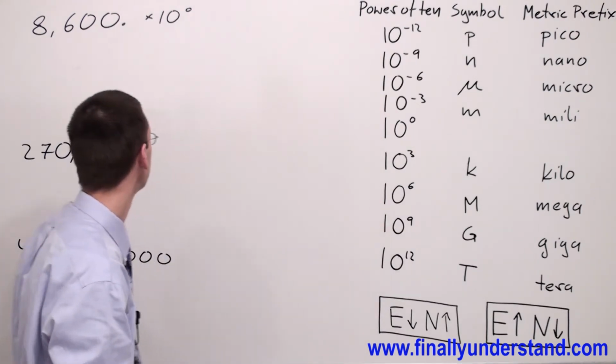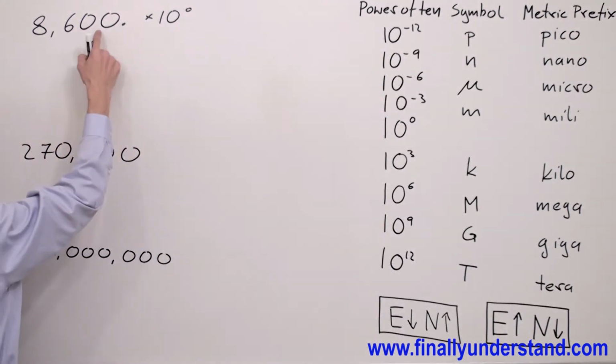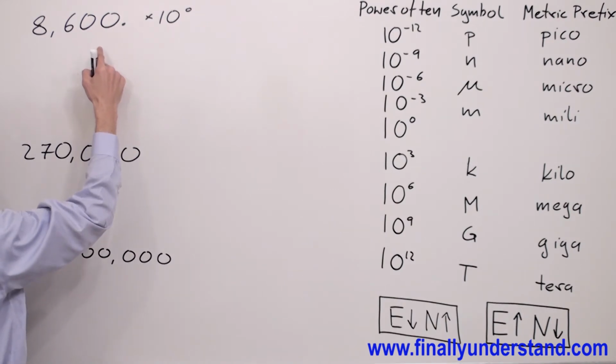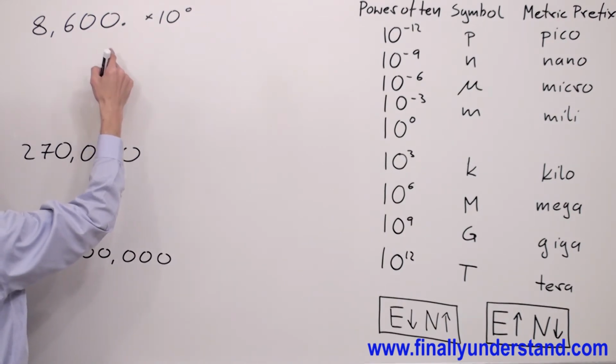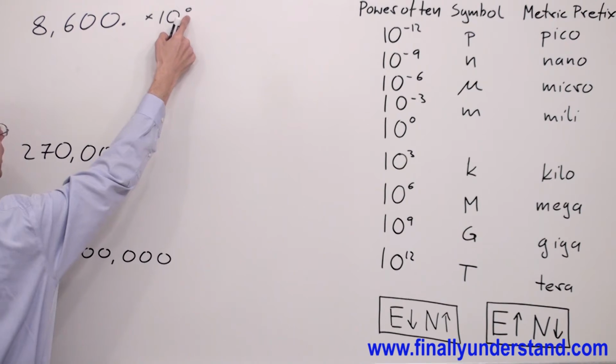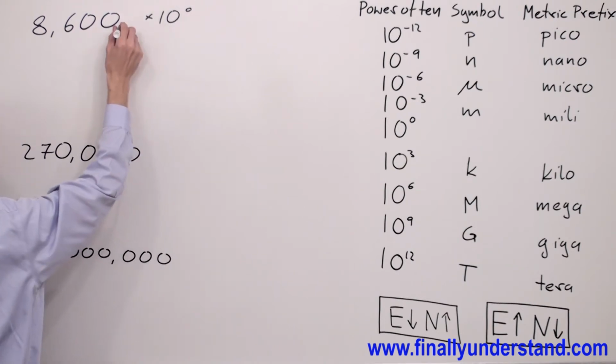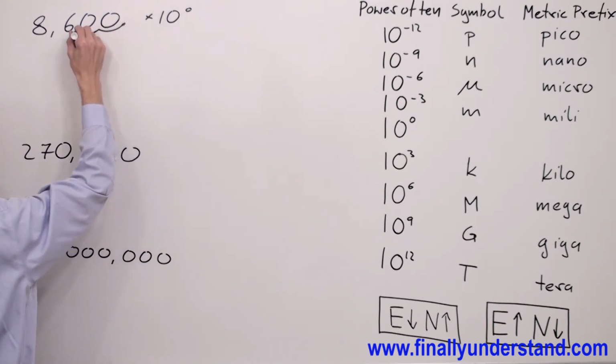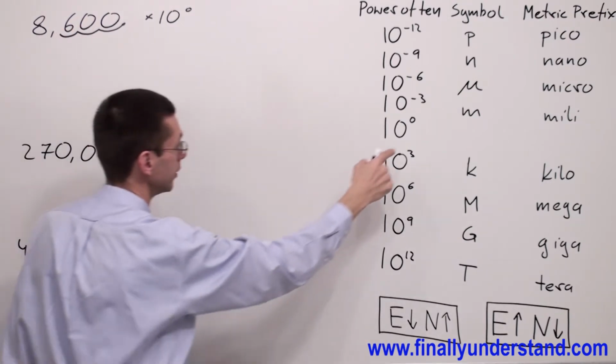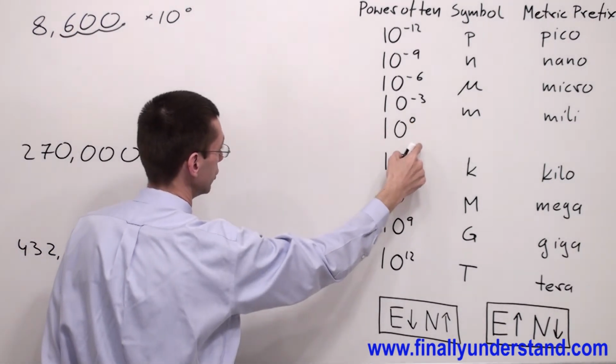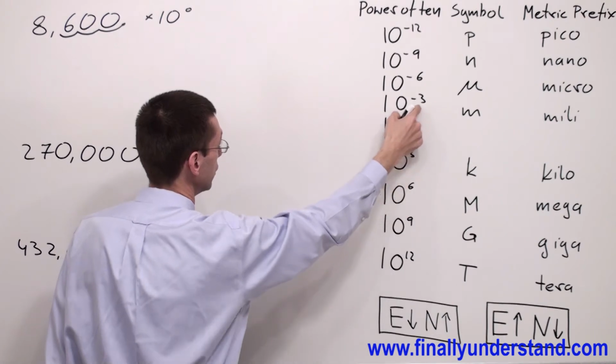So we have to move this decimal point not one time, but 3 times. Why? Because I have exponent 0 over here, so I have to move 1, 2, 3, because I'm here and I'm supposed to go to one of these.